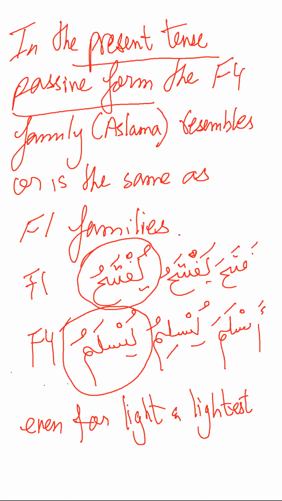I'll again repost it in the group. Please go through that, and inshallah, I'll make another one for the light practice with active, lightest active, light passive, and lightest passive. And then inshallah, we'll start with the forbidding and the commanding. So this point is clear for everybody? Yes, alhamdulillah.